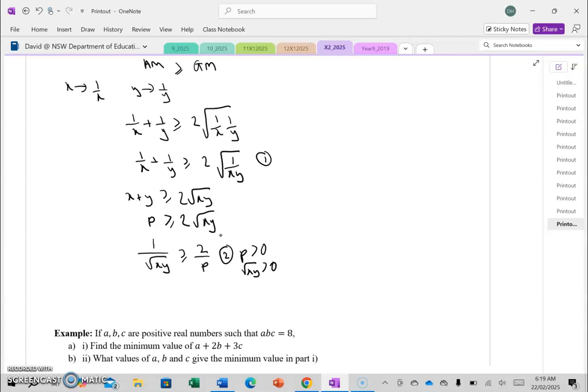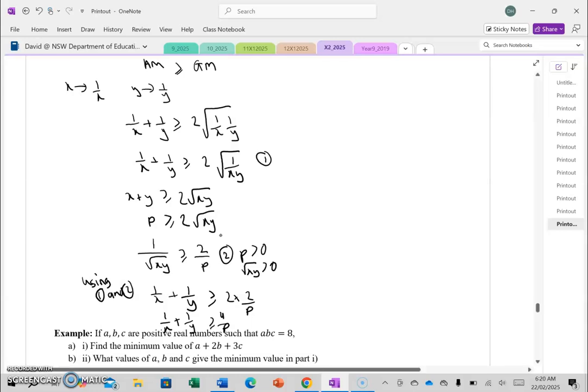I can basically substitute in 2 on P here, and using 1 and 2, we get the required result. Alright, so that's the first bit.